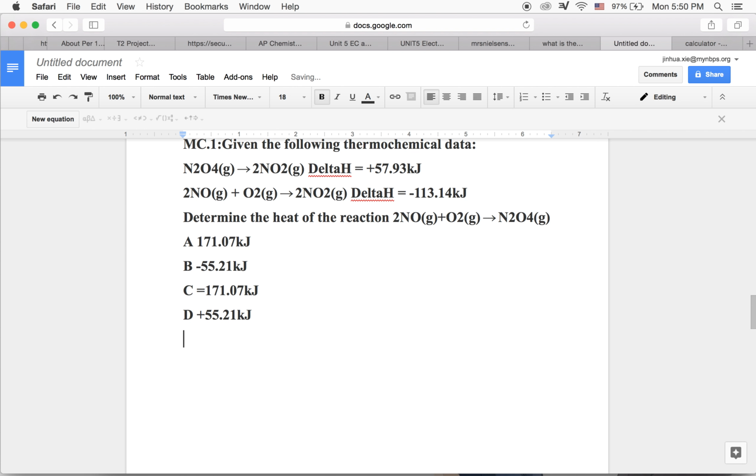We got 2NO2 equals 2NO plus O2, and we also need to change delta H to positive.